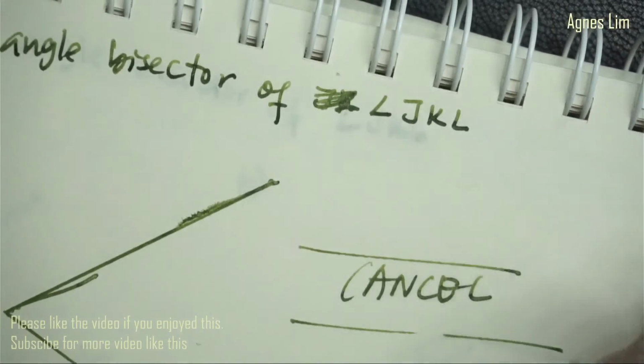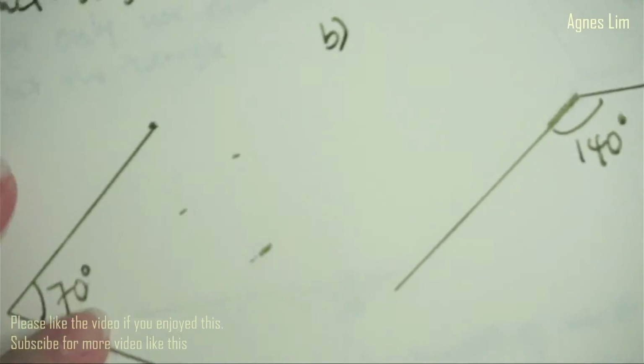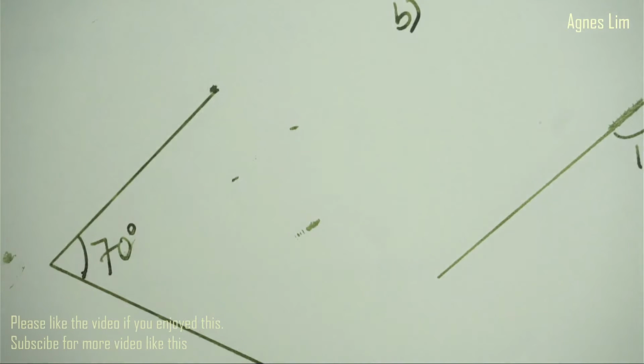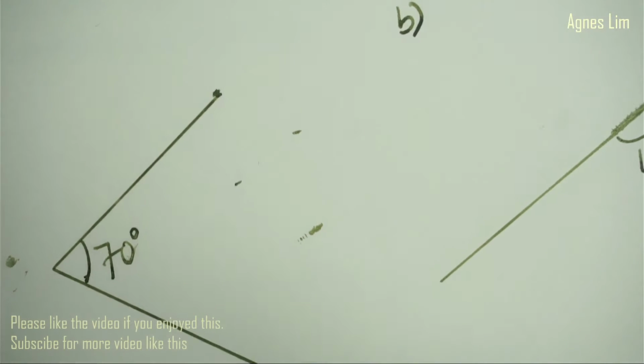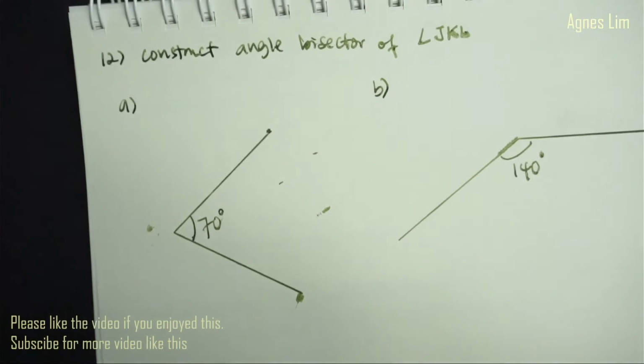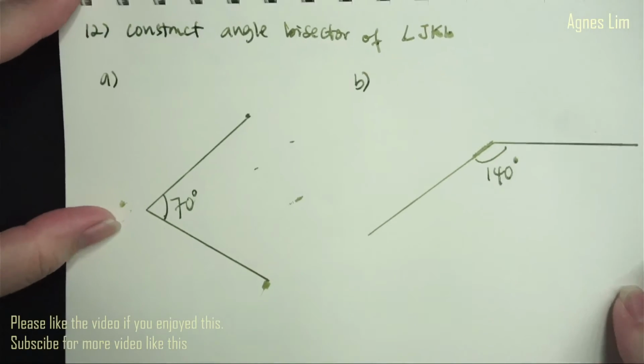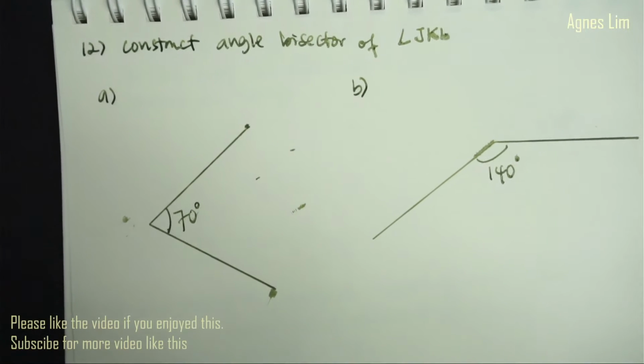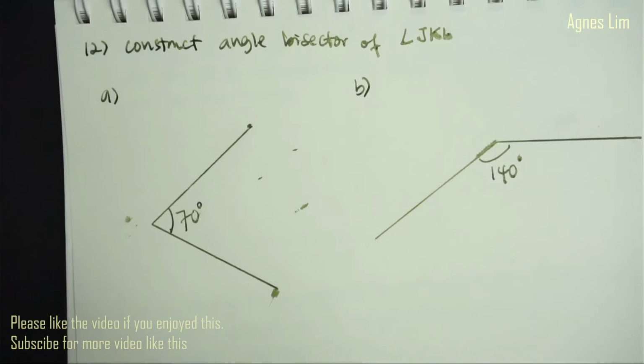Okay, what happens if the question already gives you an angle and then you need to construct the bisector? Right, so I'm going to zoom out so that you can see the question. There is this question given to you, and I think I missed out some information.